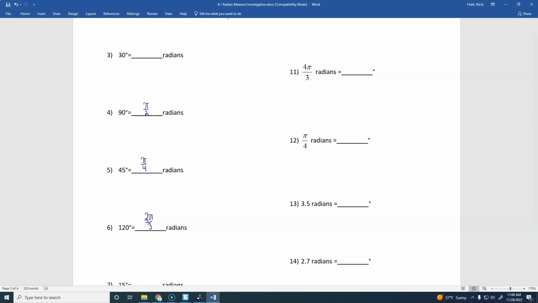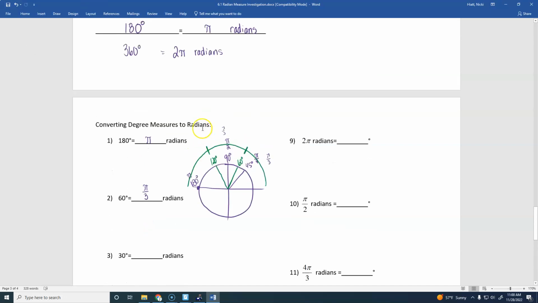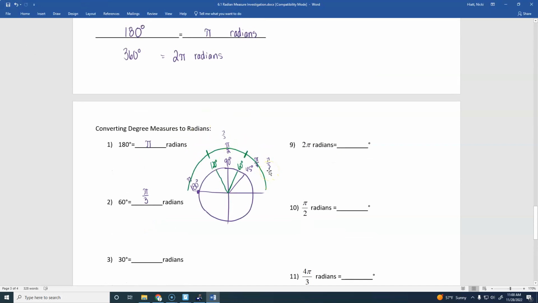But some students are better at picturing what this is, like cutting these pieces in half and understanding what's happening. Some students are not as great at doing that. That visual part confuses you a little bit. So the way I generally teach this, because it's going to work both ways, is I teach to do proportions.